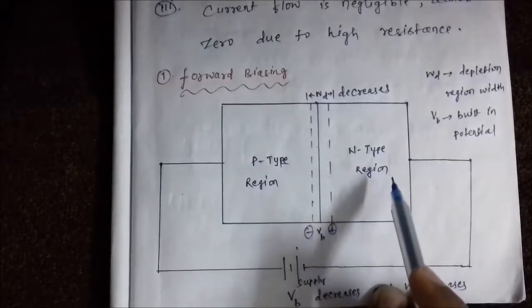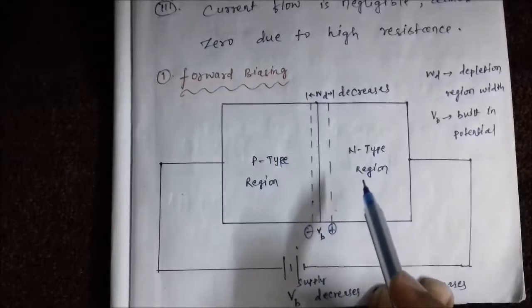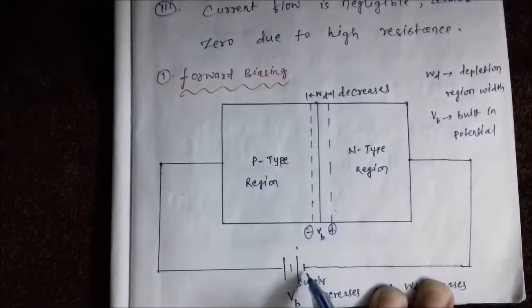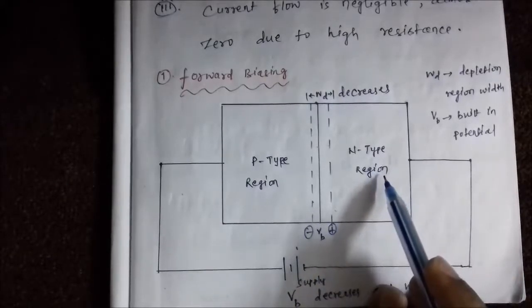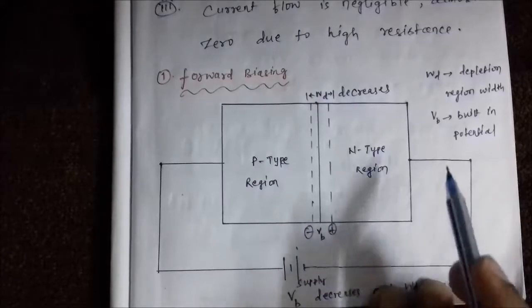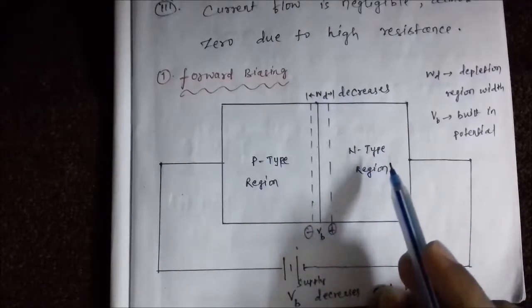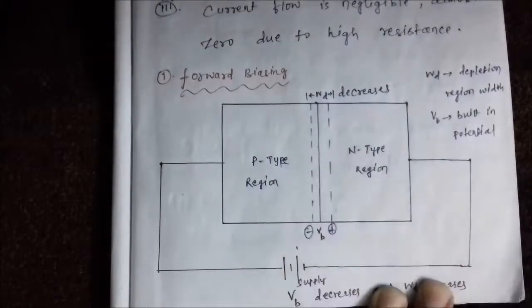So the current flow in the n-type region is due to the electrons, the majority charge carriers. The electrons flow from the negative terminal through the n-type region. The negative terminal repels those electrons towards the junction, and as a result the current flow in the n-type region is due only to the free electrons.